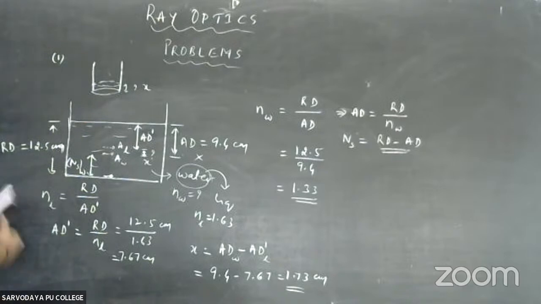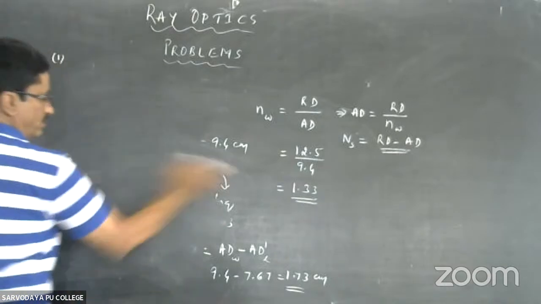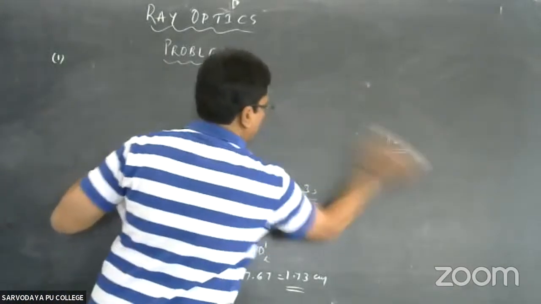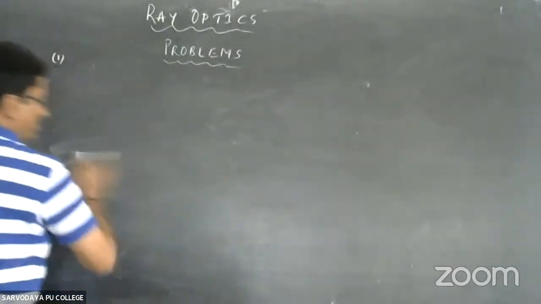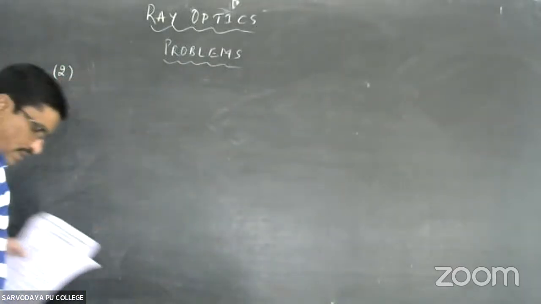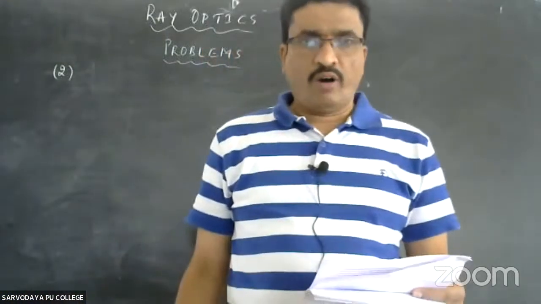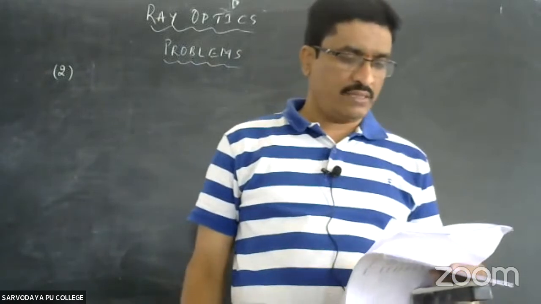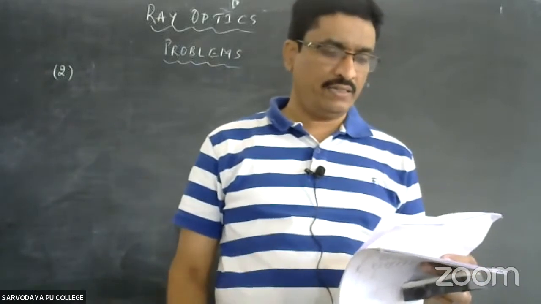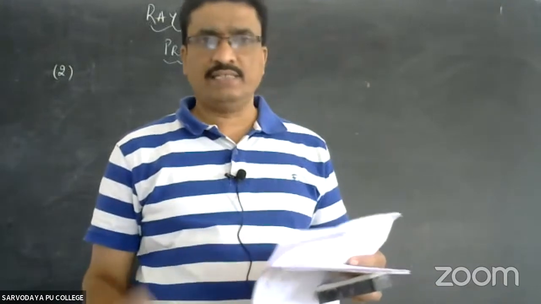Okay. Now, second: a small bulb is placed at the bottom of a tank containing water to a depth of 80 centimeters.